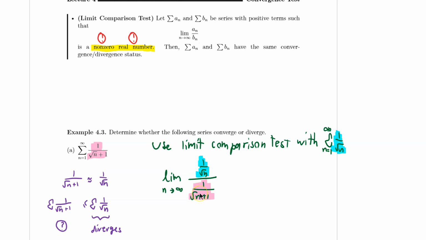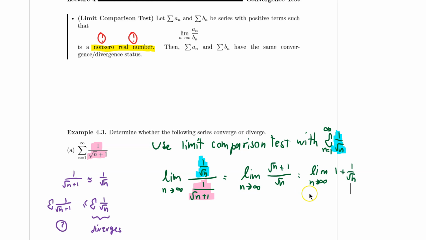Okay, so this is what I am computing. Now let's try to find out what this is going to be. This is going to be the limit when n goes to infinity. I'm going to bring the denominator up, so I get the square root of n plus 1 over square root of n, and this is just the limit when n goes to infinity of 1 plus 1 over square root of n.